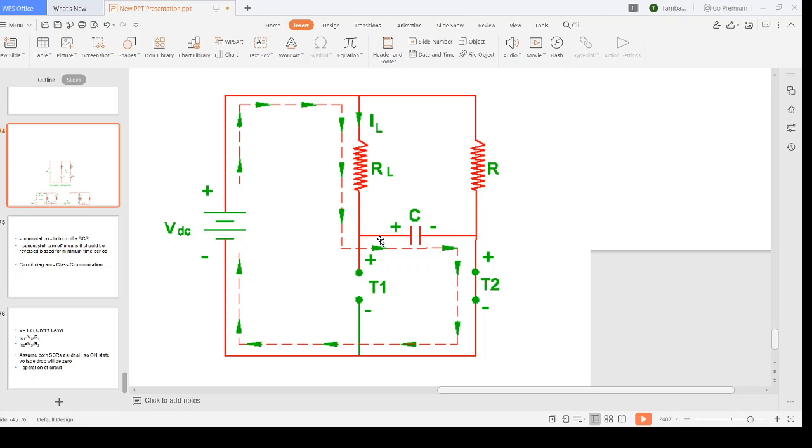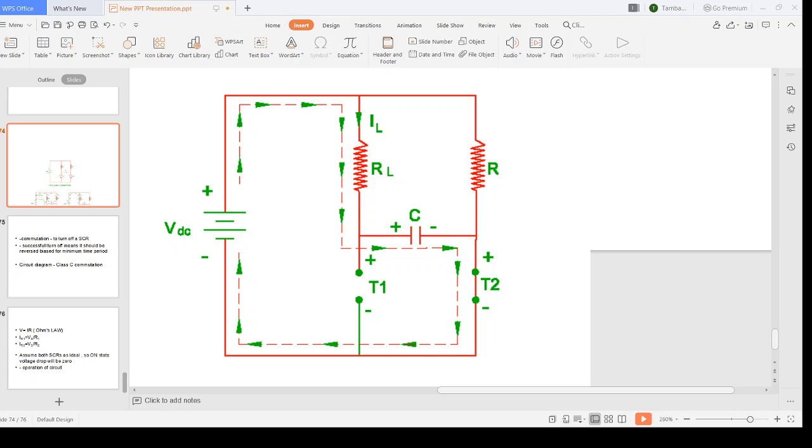Charging current of capacitor C, IC, equals 0. Now after some instant, SCR T1 will again turn off T2, and the cycle repeats itself. This cycle will go on repeating itself.